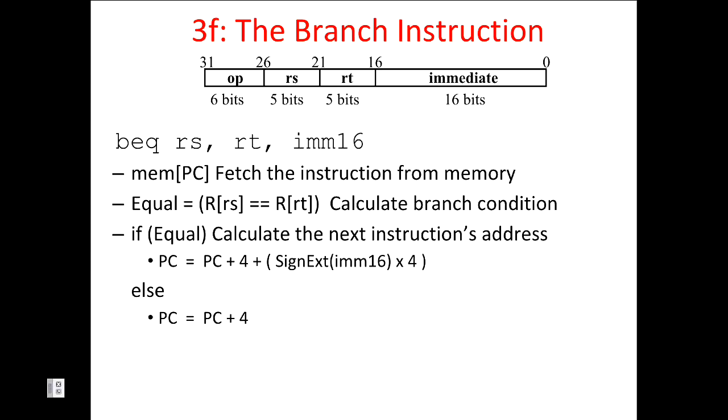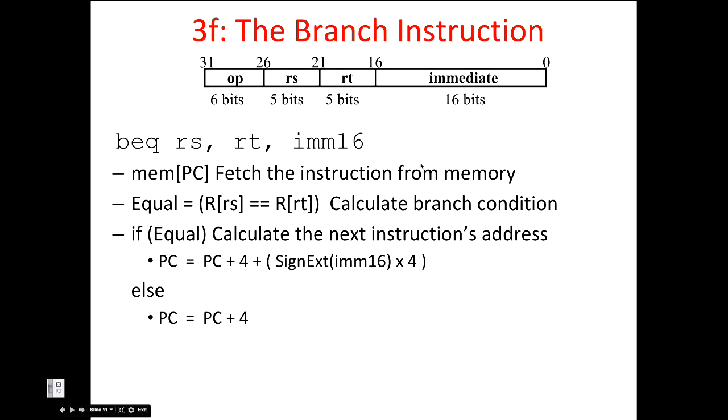The way we get an instruction from memory is by taking the value stored in the PC register. I haven't been showing you that PC register, but there is a PC register somewhere that contains the address of the current line of code that we want to execute, and we fetch that instruction from memory. In the case of a branch instruction, we read the value stored in the RS and RT registers.